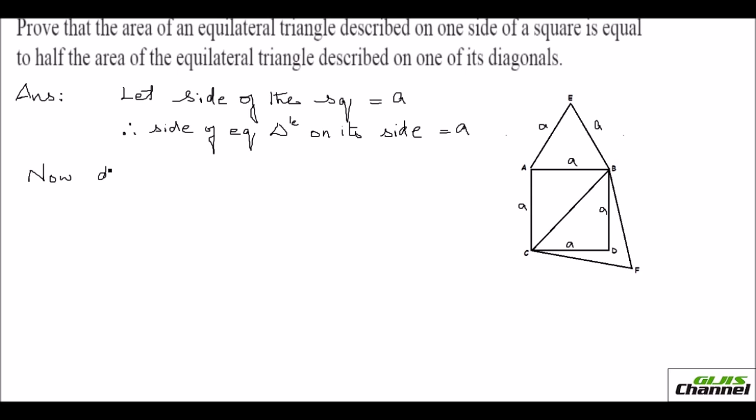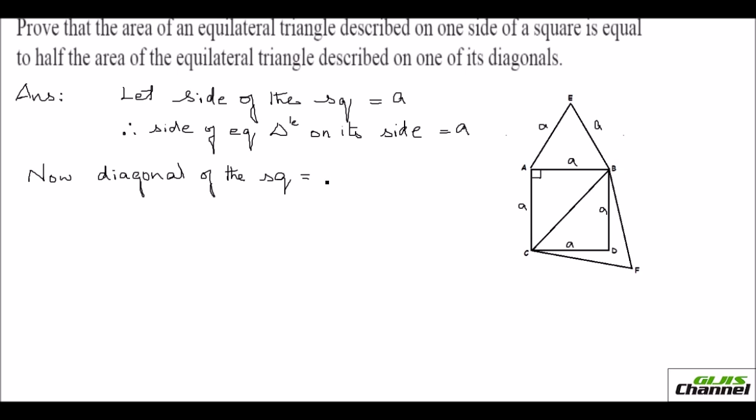Now the diagonal of the square is actually root 2, but I'll show you how I am getting that root 2. The diagonal will be, I'm just using the Pythagorean formula which we know. C square is equal to a square plus b square, right?